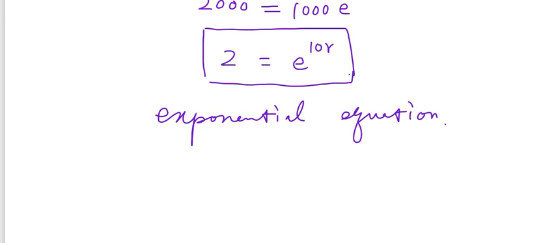Because the unknown variable is in the exponent position. The previous equation we call a polynomial equation or power equation. So what's the difference? Let's check these two equations. x squared equals 5, and 2^x equals 5. These are two different equations.